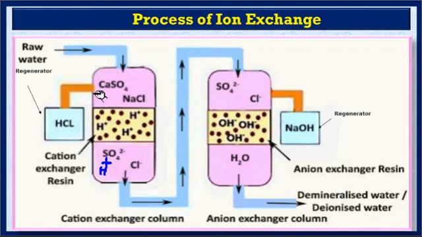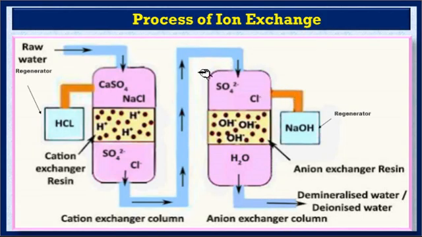So calcium and magnesium ions remain in the cation exchange bed, but the remaining part of the salt, that is the anionic portion, comes towards the outer section of this bed. Now this water, which contains H plus ion and all the anions, passes through the second tower that contains the anion exchange resin.